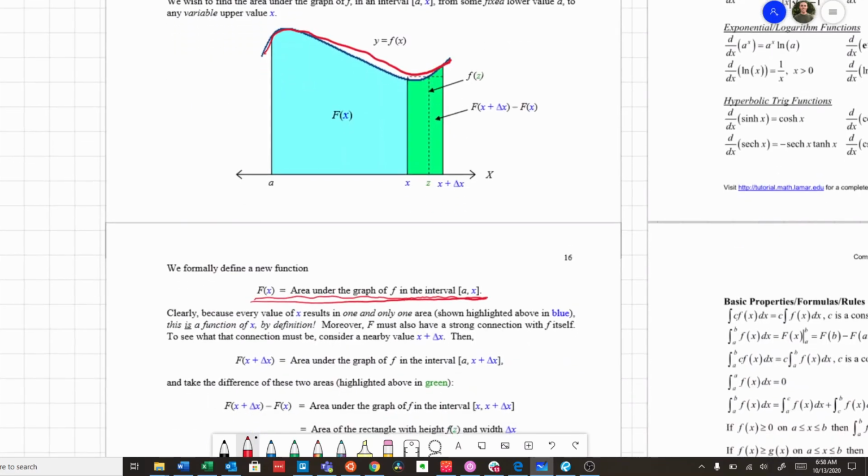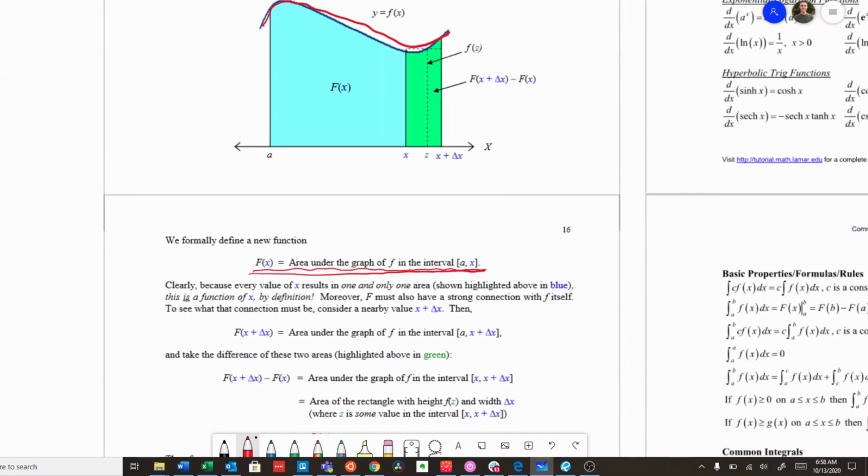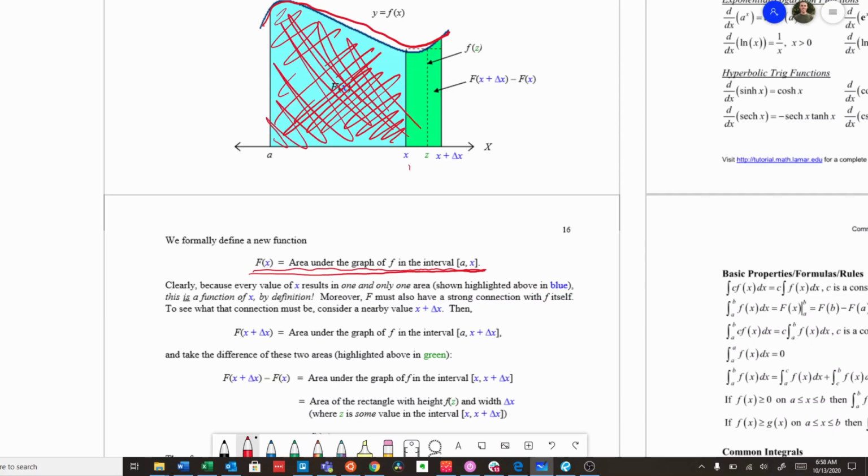Now, notice, if I have this region filled, this region right here is capital F of x, because this is the point x here. And I go a little step further, to x plus delta x, then this whole region here would be capital F of x plus delta x.